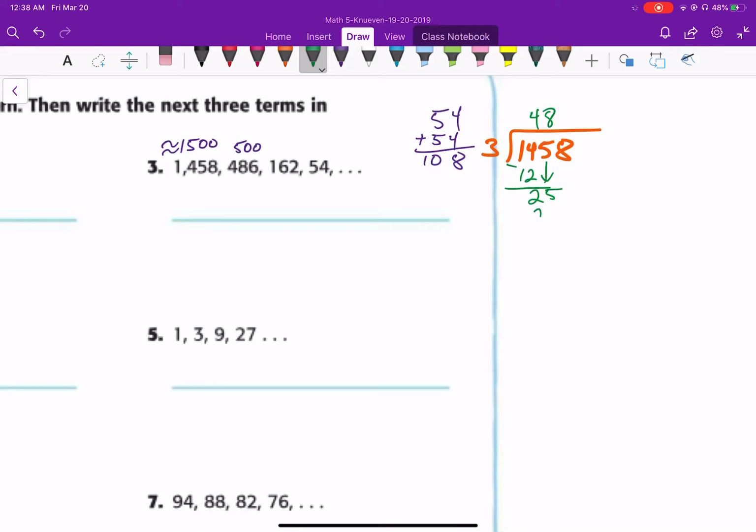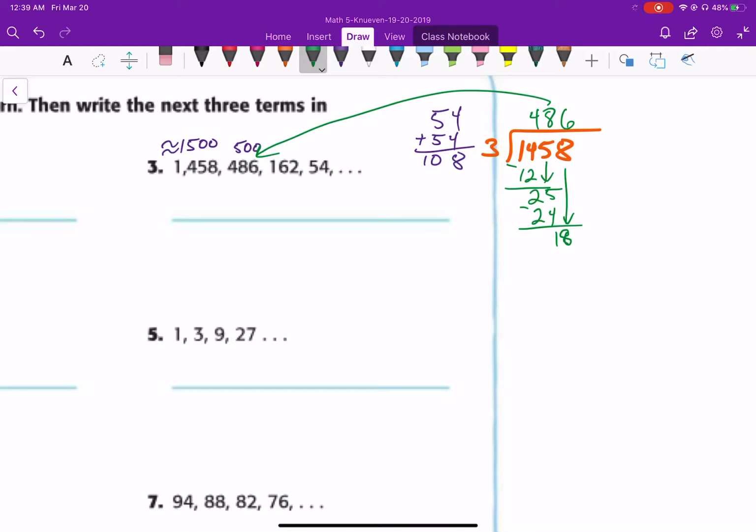And 8 times 3 is 24. 25 minus 24 is 1. Bring down my 8. And 3 goes into 18, 6. I was about to write that down below, I was ahead of myself. Well, 486, that's the number I'm looking for. Yeah, so each of these is divisible, I'm dividing it by 3.